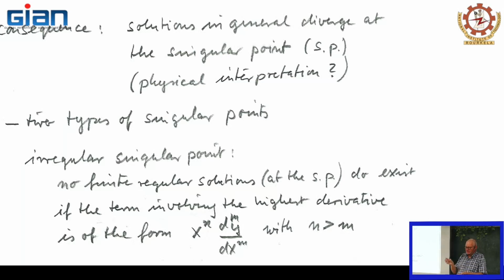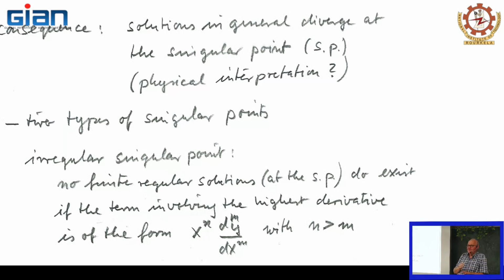So if you have a singular point where the coefficient of the highest order derivative vanishes, you have two possibilities. Either this is an irregular singular point, and then all solutions of the differential equation will behave badly because they diverge.